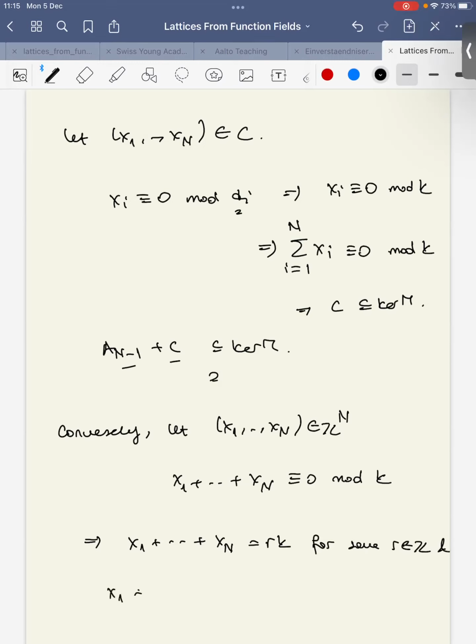By Bezout's identity, this greatest common divisor can be written as an integer combination of the d_i's.